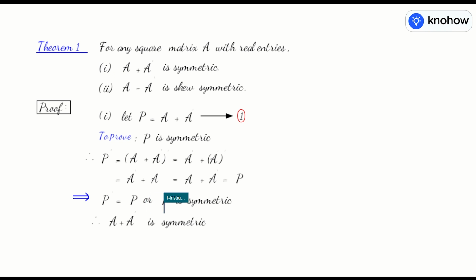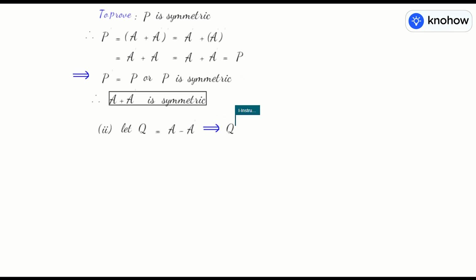And now let us take the second part. In the second part, we let Q equal A minus A dash, which implies Q dash will be (A minus A dash) whole dash. Again, you know the transpose of the difference will be A dash minus A dash dash.